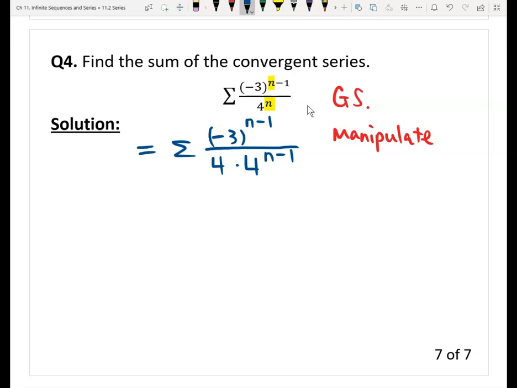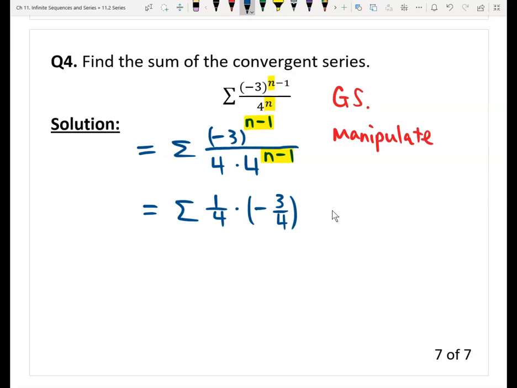And this time, what can we do now? Good, we can merge these two powers together into one power. Can you see? This time we have 1/4 up here, and then times, putting them together, -3/4, right?